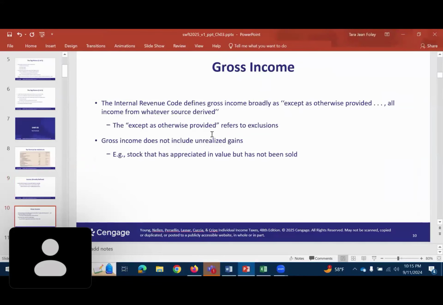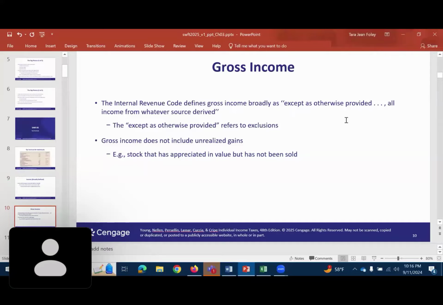The IRS, the Internal Revenue Code, says income is everything except as otherwise provided. So unless it says this is not taxable, then it's taxable. What they're saying is the IRS doesn't know about every single type of income that's out there.